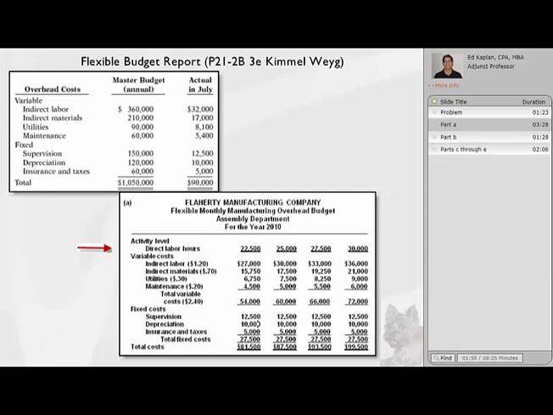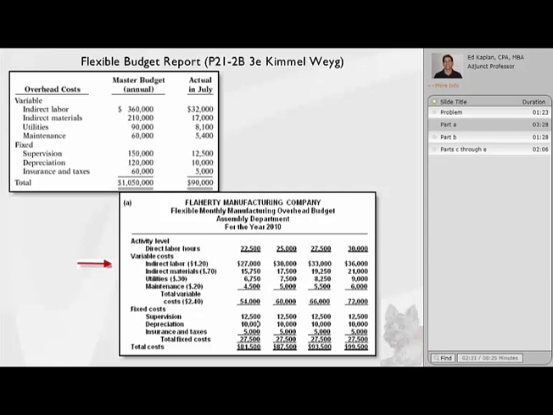Okay, so take a look at indirect labor. We've got it calculated as $1.20, and that represents the cost per direct labor hour. And we calculated that by taking the total indirect labor cost and dividing it by the number of hours that were provided in the problem.